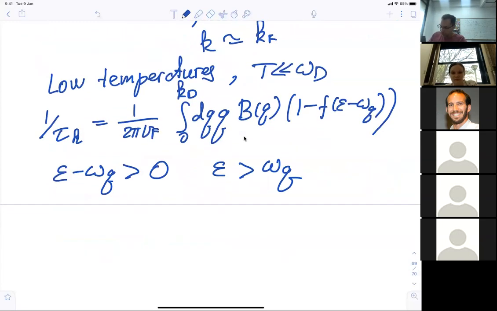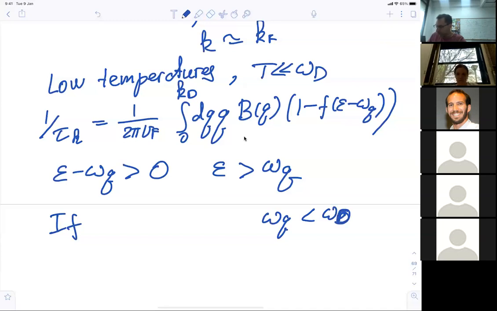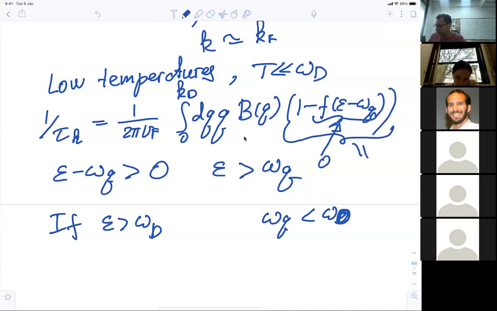Now the maximal omega q is of course smaller than omega Debye. Therefore, if epsilon is larger than omega Debye, this guy is identically 0, and the brackets are identically 1.